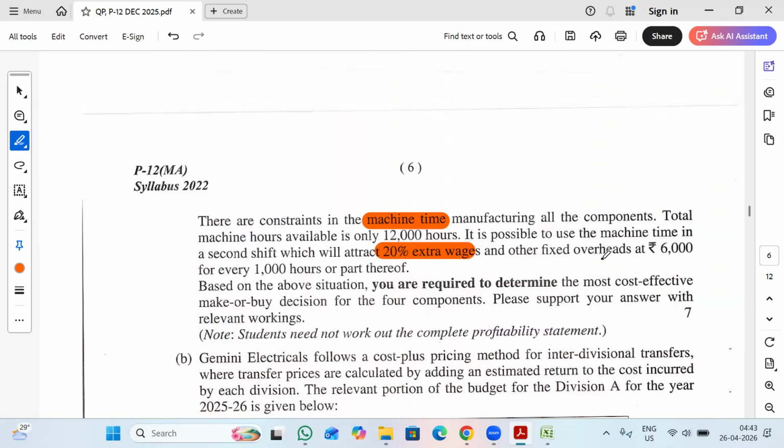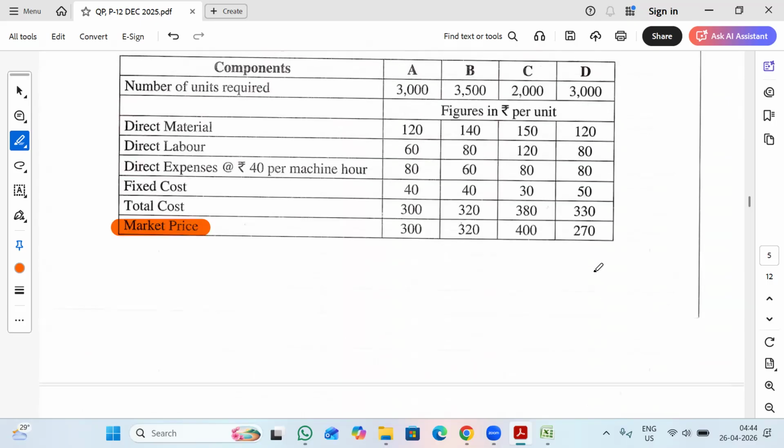This is given as a 7-mark question, but it is a lengthy and time-consuming problem. Students attempting questions like this, please make sure that you have enough time and are well aware of the procedures before attempting this. Or else it is better you go for other options.